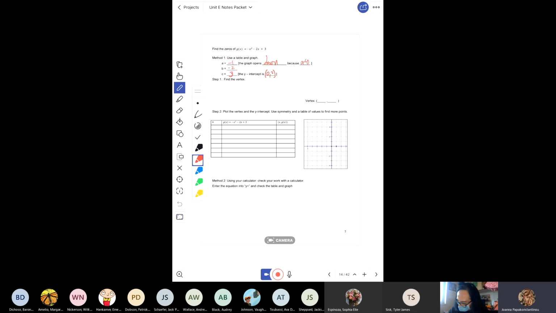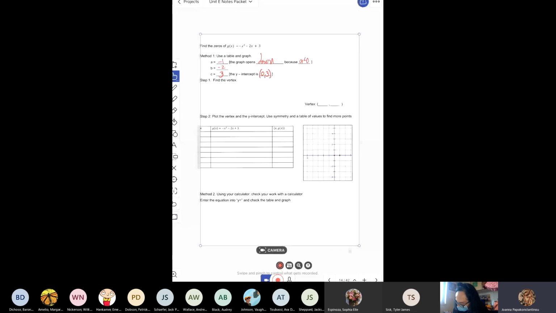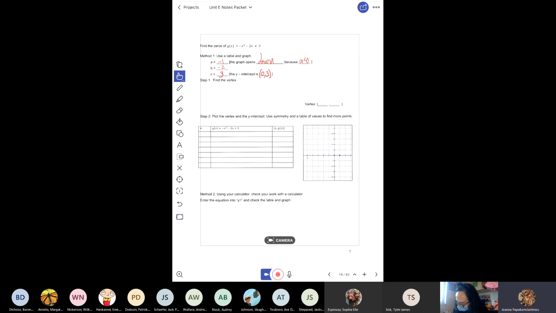Shall we find the vertex? Let's. The x value of the vertex is -b over 2a.